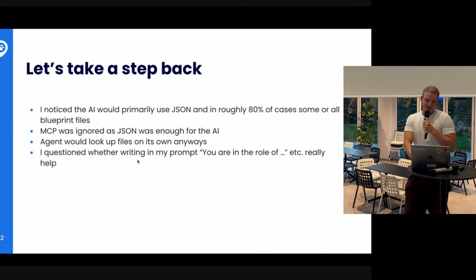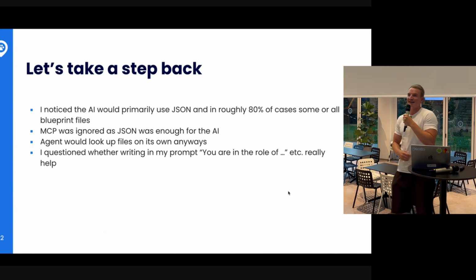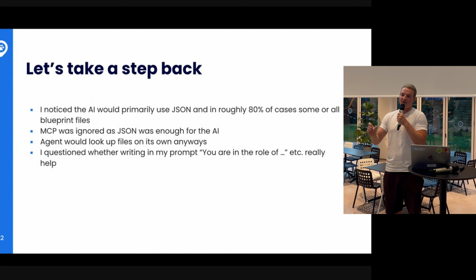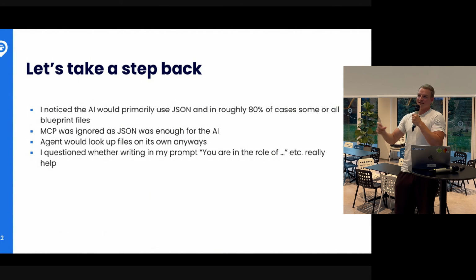And I also questioned if writing a prompt in the style of "you're in the role of" really helps. And I was listening to this podcast whilst running once, which talked about efficient prompting. And the person there basically said that those things that you're in the role of used to work. It's very hard to have studies on this topic, because it's very hard to compare statistically significant data.